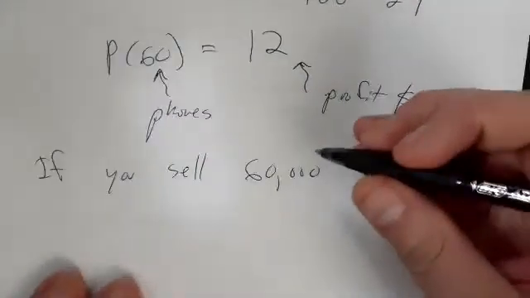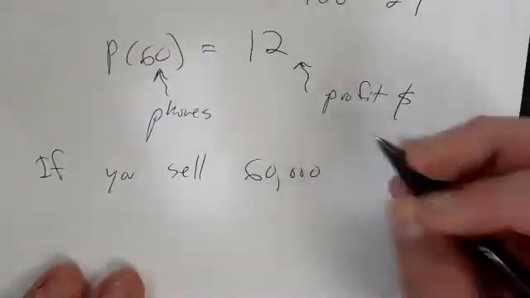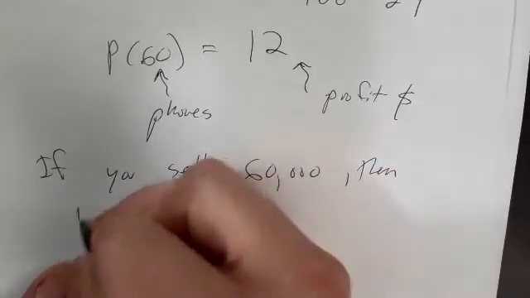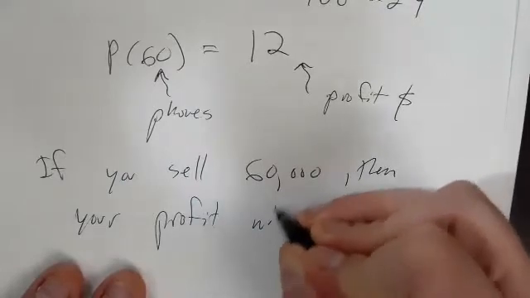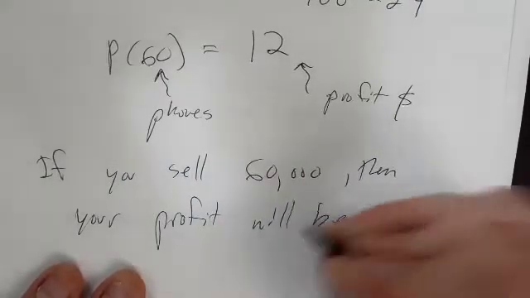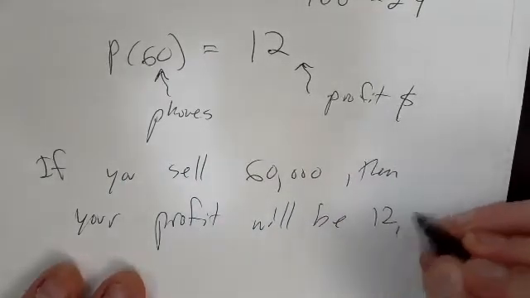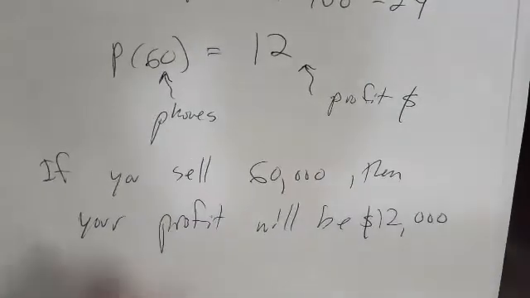If you sell 60,000 phones, your profit will be $12,000.